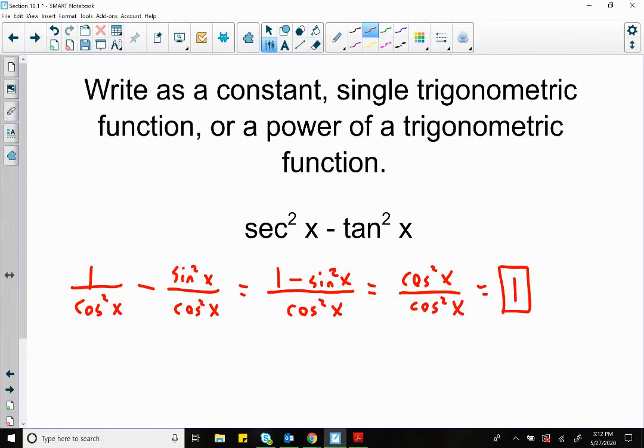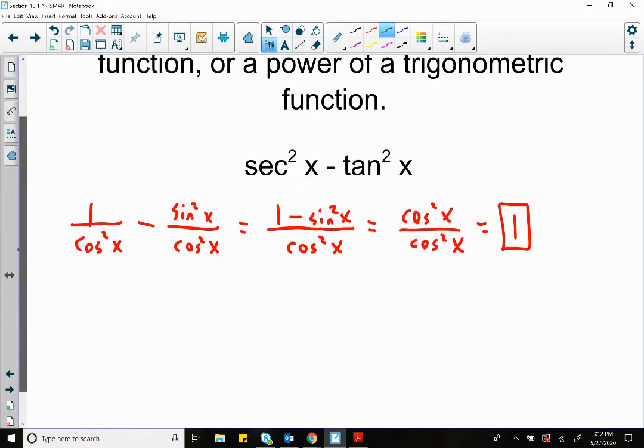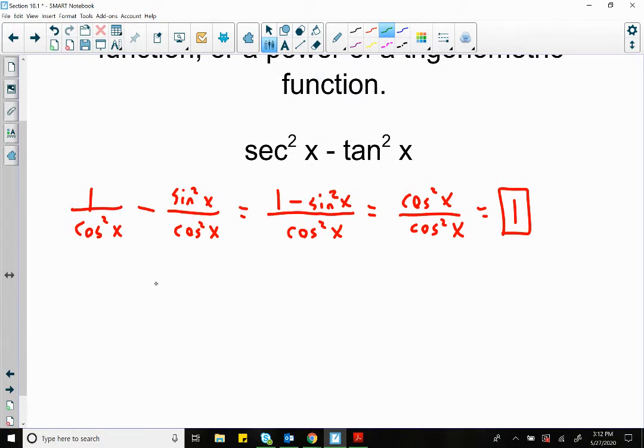Or the faster way, this is a Pythagorean identity. We have an identity that says tangent squared x plus 1 equals secant squared x. Get tangent and secant all on the same side. That's what this says.